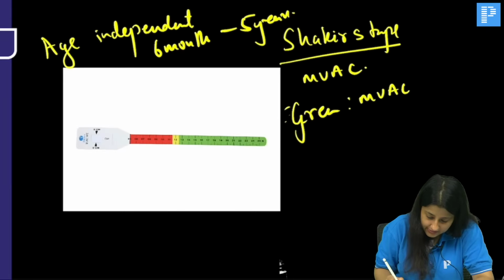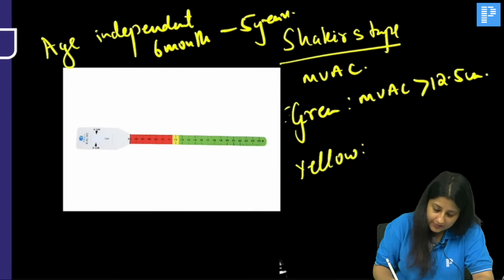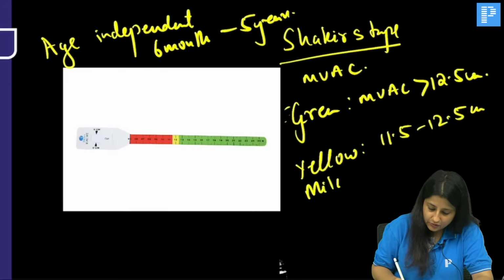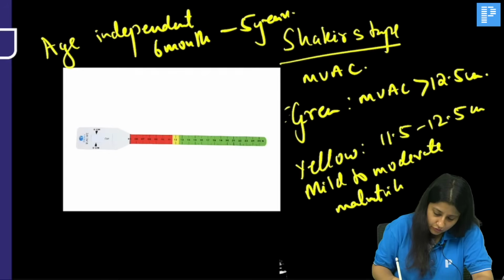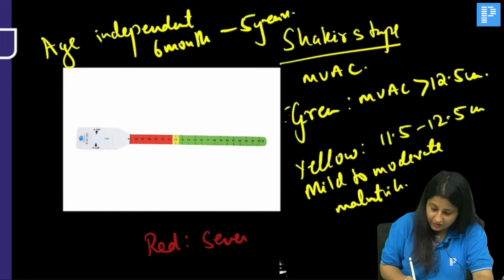Mid upper arm circumference more than 12.5 centimeters. If you go to yellow, mid upper arm circumference 11.5 to 12.5 centimeters. This is mild to moderate malnutrition. And if you go to the red zone, guys, red is the danger, severe malnutrition.